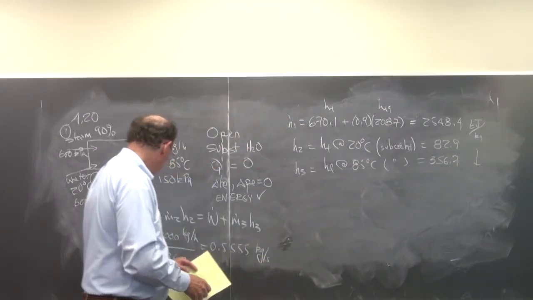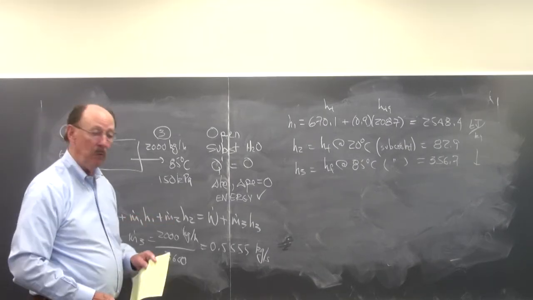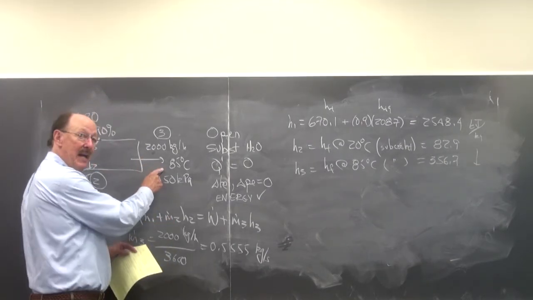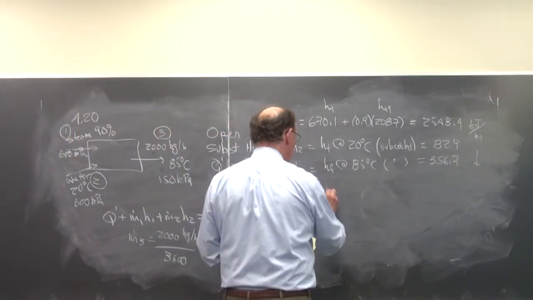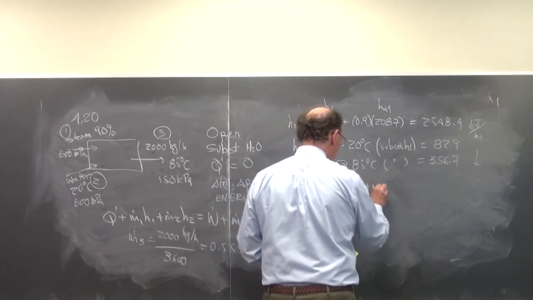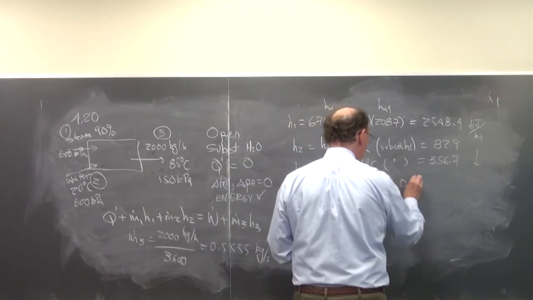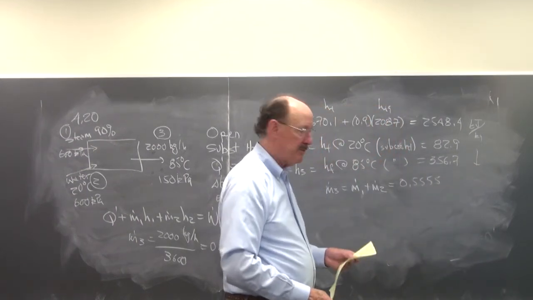Now when I look at this equation, I have m dot 1 and m dot 2. So I know that m dot 3, the mass coming out, is equal to the sum of the two masses going in. So m dot 3 is equal to m dot 1 plus m dot 2. So this is equal to 0.55555, as many 5s as you want.